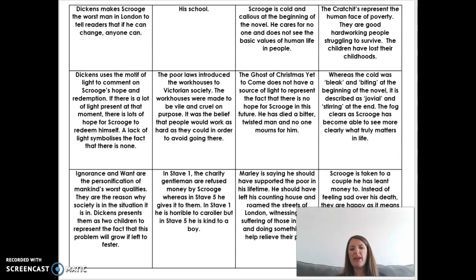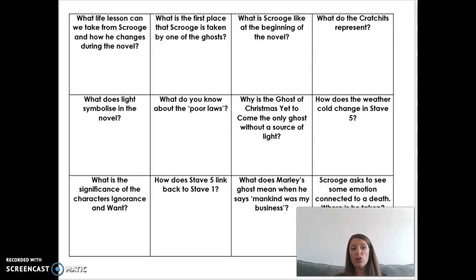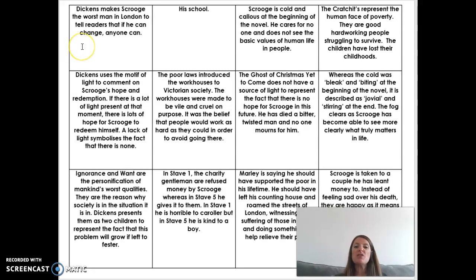And obviously this is the biggest question, really, of all, isn't it? Because in Scrooge, we see a character who changes, a character who shows us a moral or a life lesson. So what I've suggested here, the easiest way to summarise that lesson, is that Scrooge is the worst of humanity.